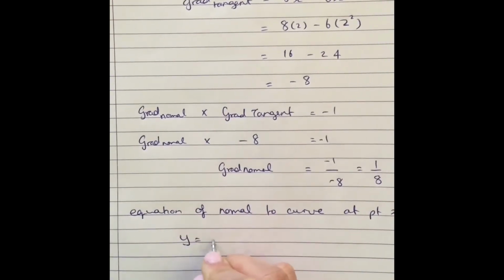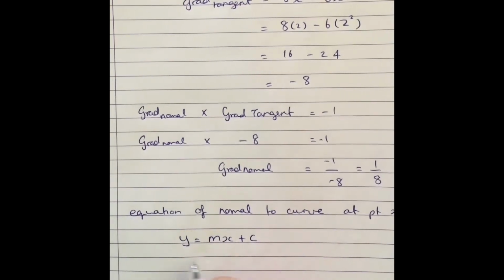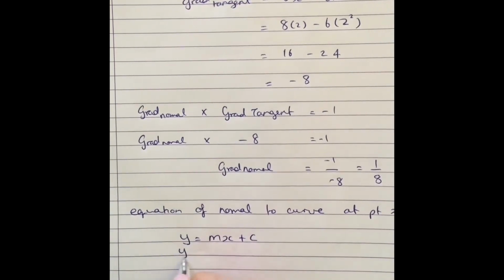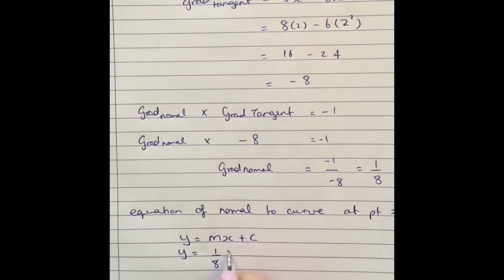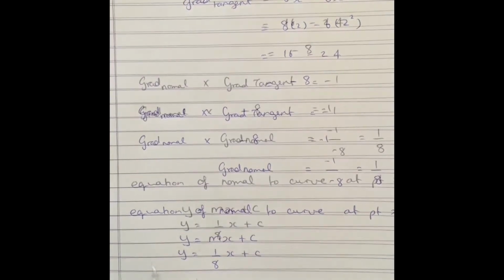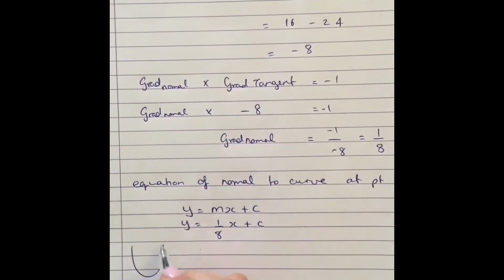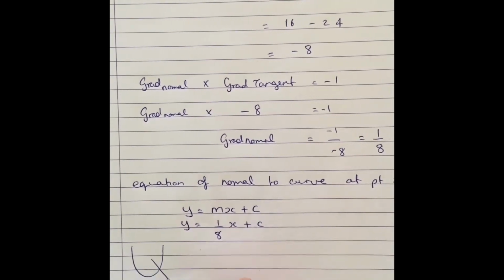Our normal has a straight line equation, and I can now write 1/8 in for the gradient. The normal crosses the curve.